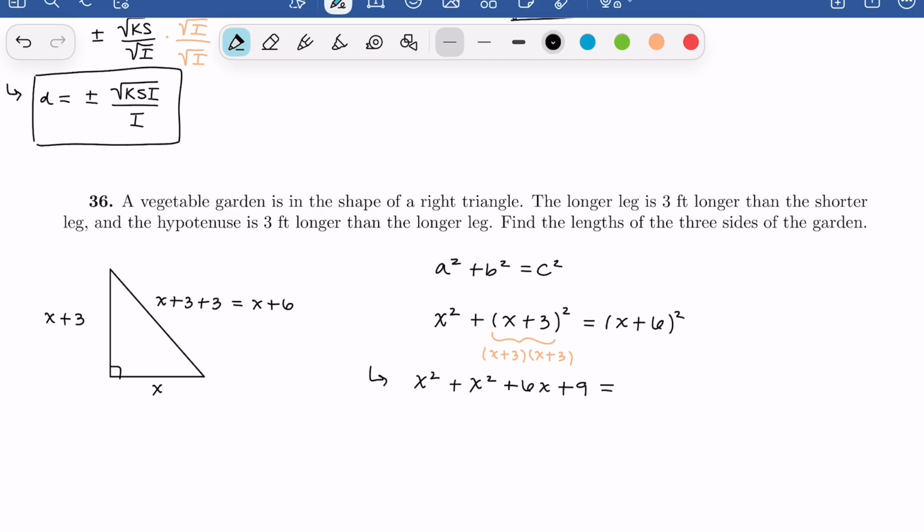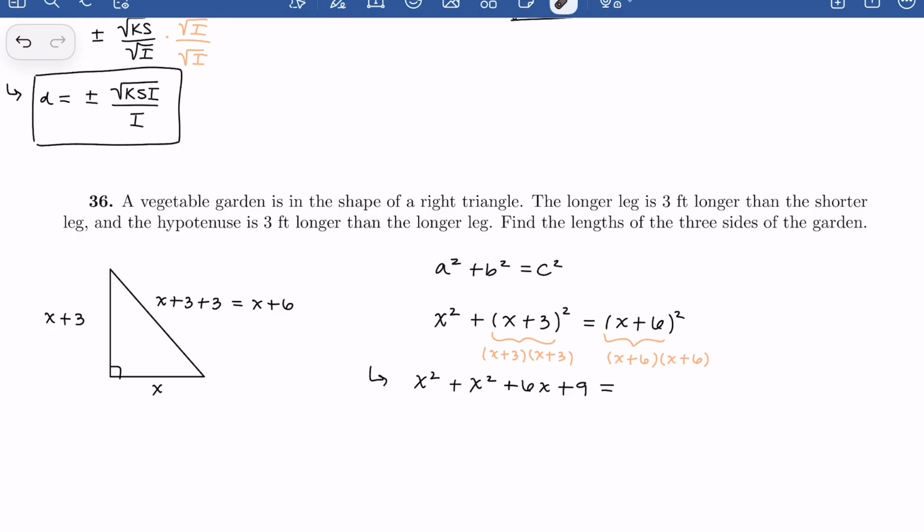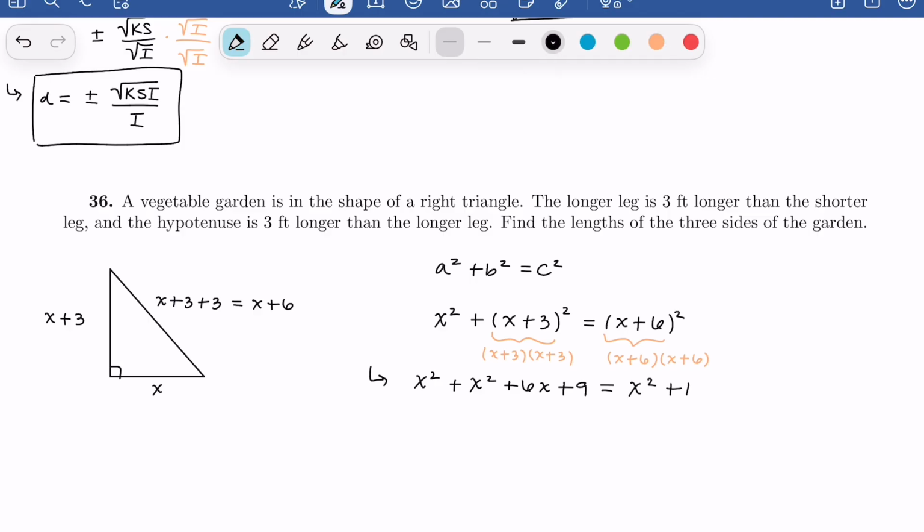Similarly, on the other side here, this is the same thing as x plus 6 times x plus 6. Just to be consistent, we'll go ahead and write that here as well. Then we can FOIL this. We're going to end up with another x squared and then 6x plus 6x. So we're going to have x squared plus 12x plus 6 times 6 gives us 36.